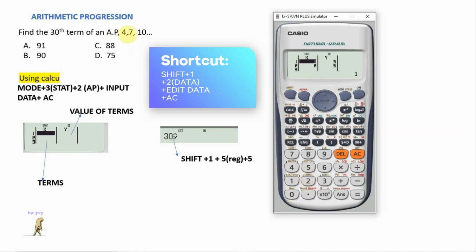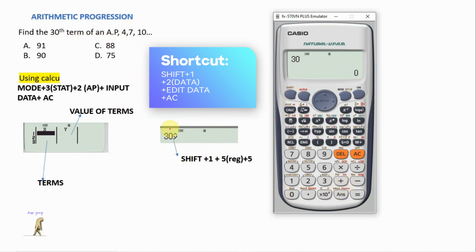We have the first and second, so we're not gonna change this anymore. The values that we have are 4, and then as we can see, 7. Let's press AC to save, and then we're gonna get the 30th term of our given series.